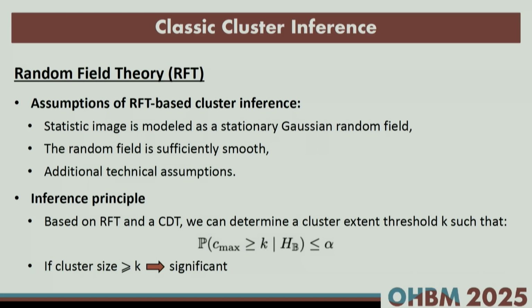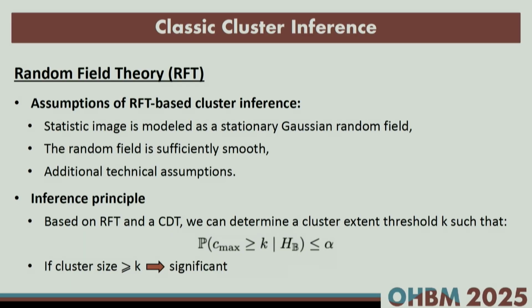First, we need to specify a cluster defining threshold, like the Z threshold, and then we will be able to compute a cluster extent threshold K using this inequality. If this inequality holds, that means the family-wise error rate is always under control.